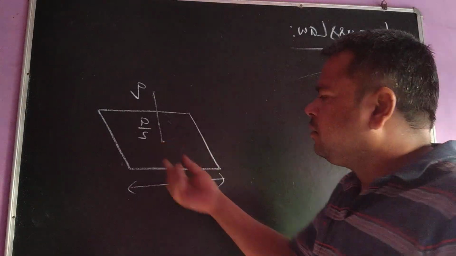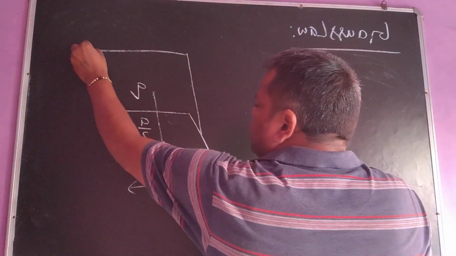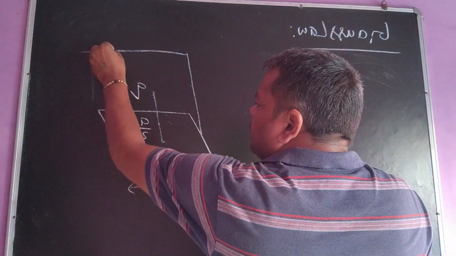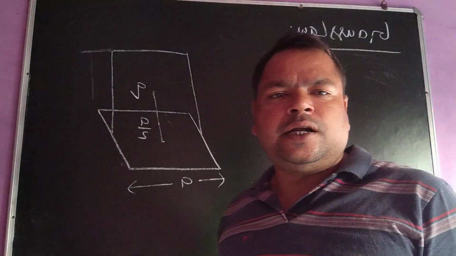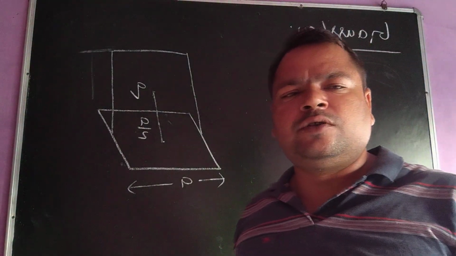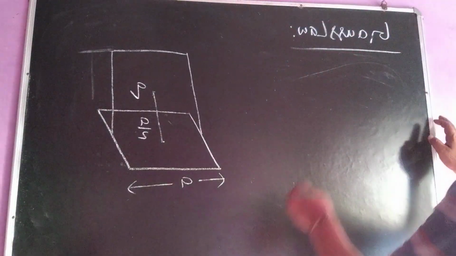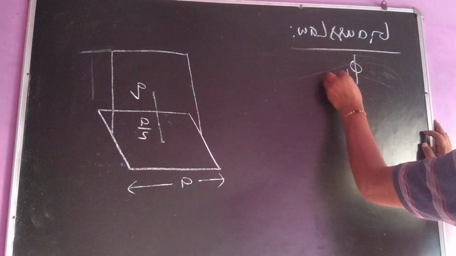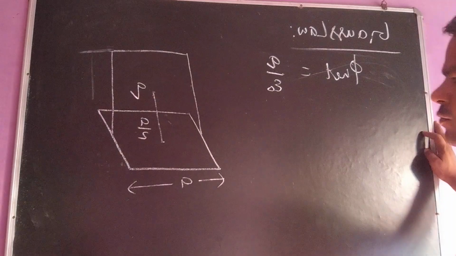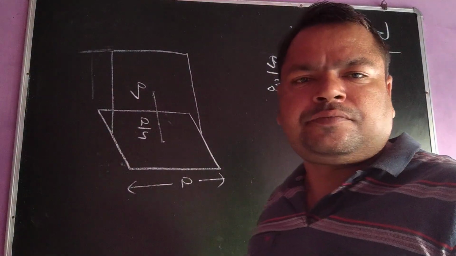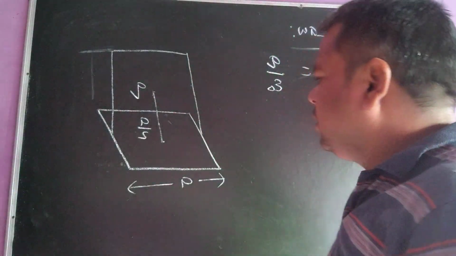So what we will do here, we will keep 3 extra sheets. Now the surface is closed and this is the Q. So the total flux through this cube will be Q by epsilon naught. Total flux phi net will be Q upon epsilon naught, and the flux through all surfaces of this cube is equal.